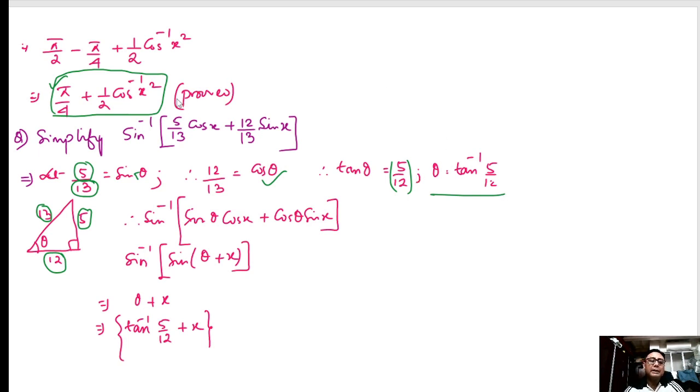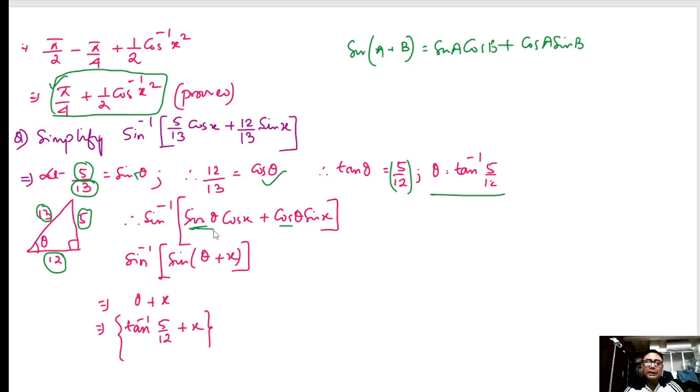So now let us apply. So in sine inverse, instead of 5 by 13 I will write sin theta, because I have taken 5 by 13 as sin theta, and instead of 12 by 13 I am writing cos theta. So this is the formula of sine. Please note here, sine a plus b is equal to sine a cos b plus cos a sin b.